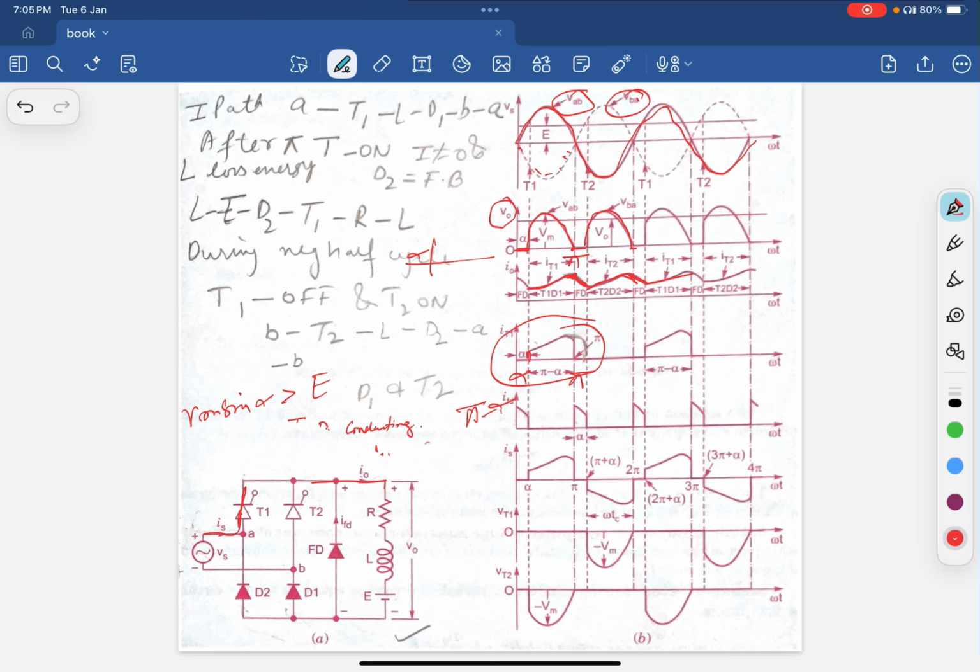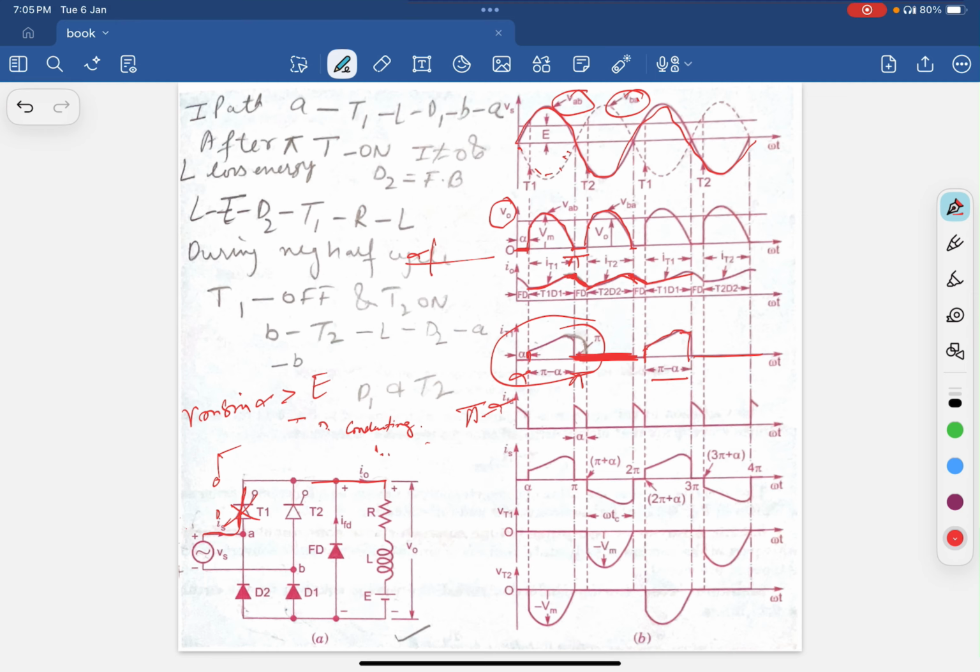Also you can see that during the negative half cycle, the thyristor is not conducting. It acts as an open circuit, so the current in the thyristor is 0. We can see that it rises and then it falls. The conduction period is pi minus alpha.